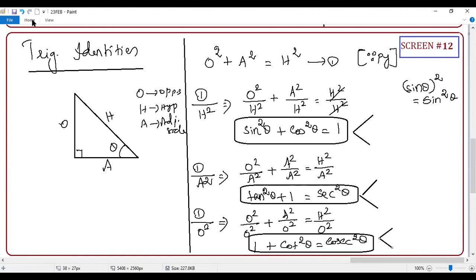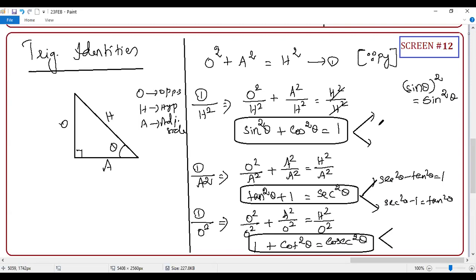What are the identities? Cos square theta is equal to 1 minus sine square theta. Excellent. Then here, sine square theta equal to 1 minus cos square theta. Here, what will you say, student? Sec square theta minus tan square theta equal to 1, or sec square theta minus 1 equal to tan square theta. Yes or no? Correct or not?